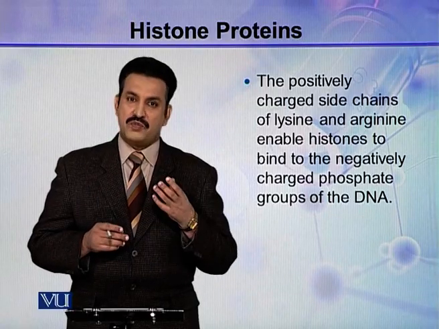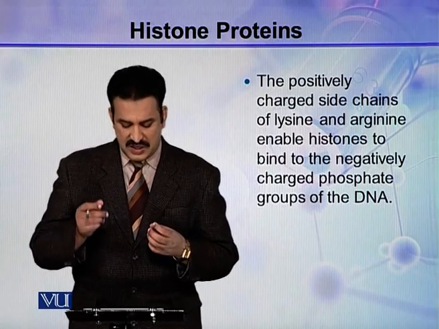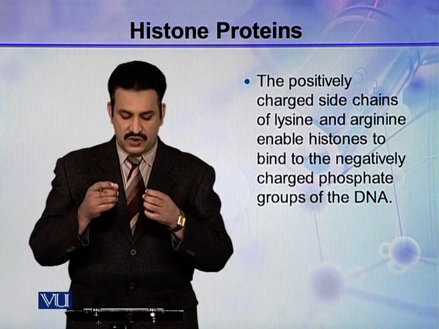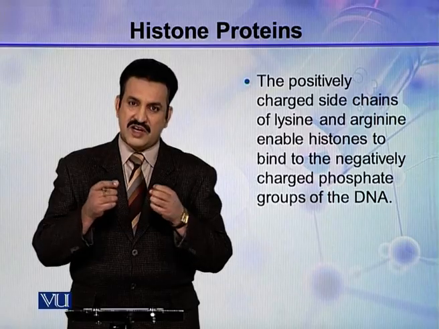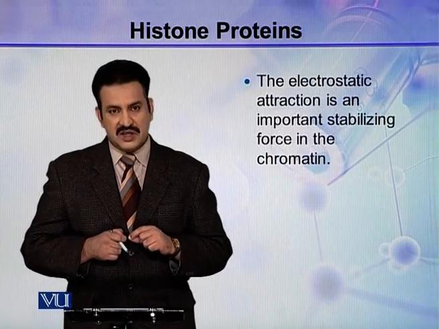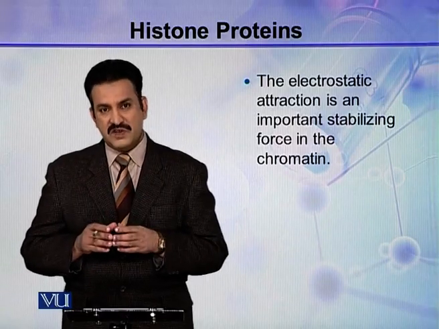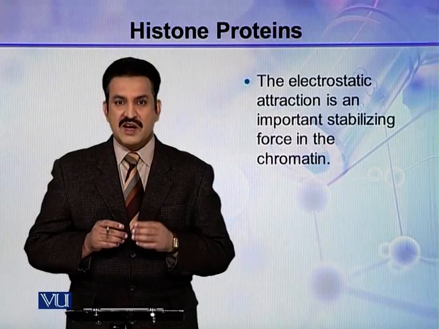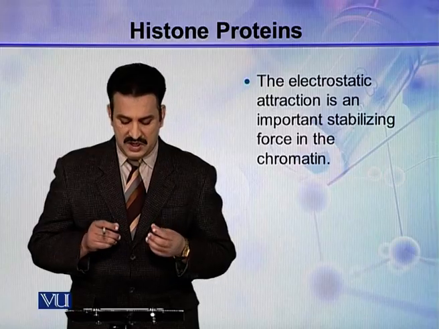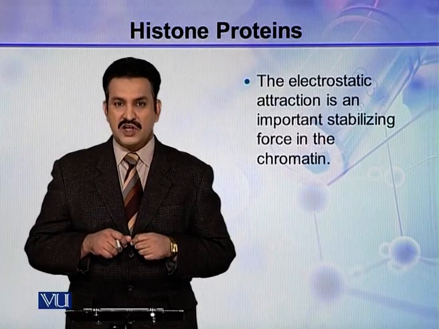So if the histones are positively charged and the phosphate groups of the DNA are negatively charged, they attract each other and they will bind. So the electrostatic attraction between these positively charged histone molecules and the negatively charged DNA molecule is the important stabilizing force in the chromatin.